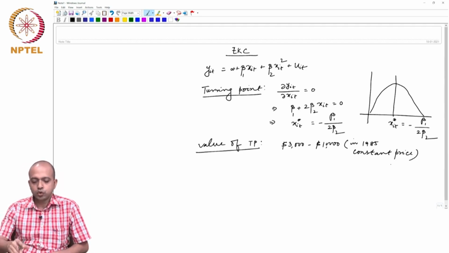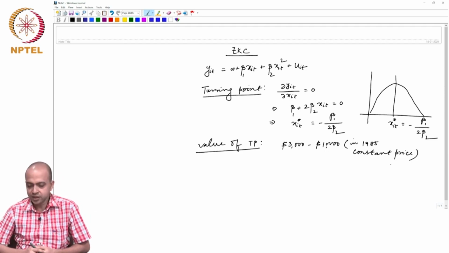Okay. So, it varies from 3000 to 10,000 USD, depending on which particular pollutant you consider, depending on what type of country you considered, depending on your time frame, and so on and so forth, right.